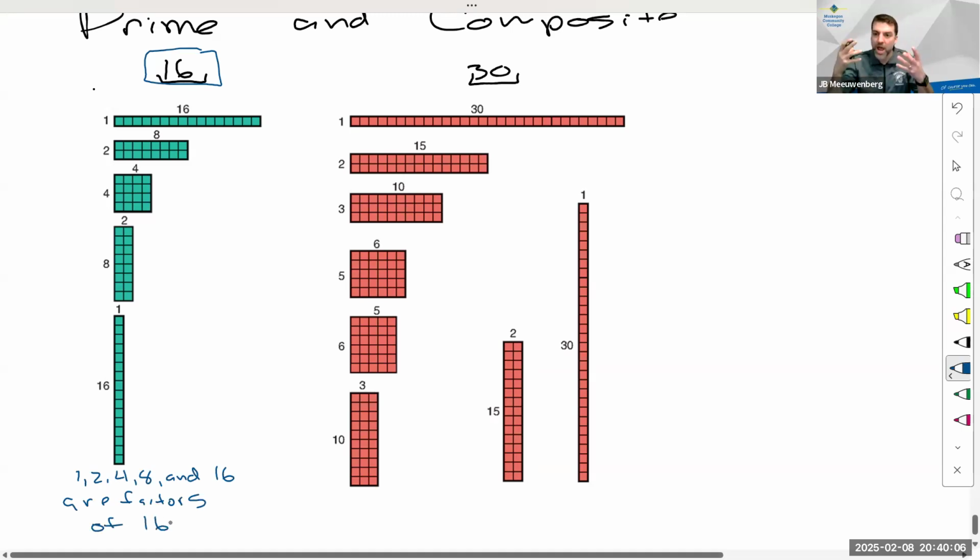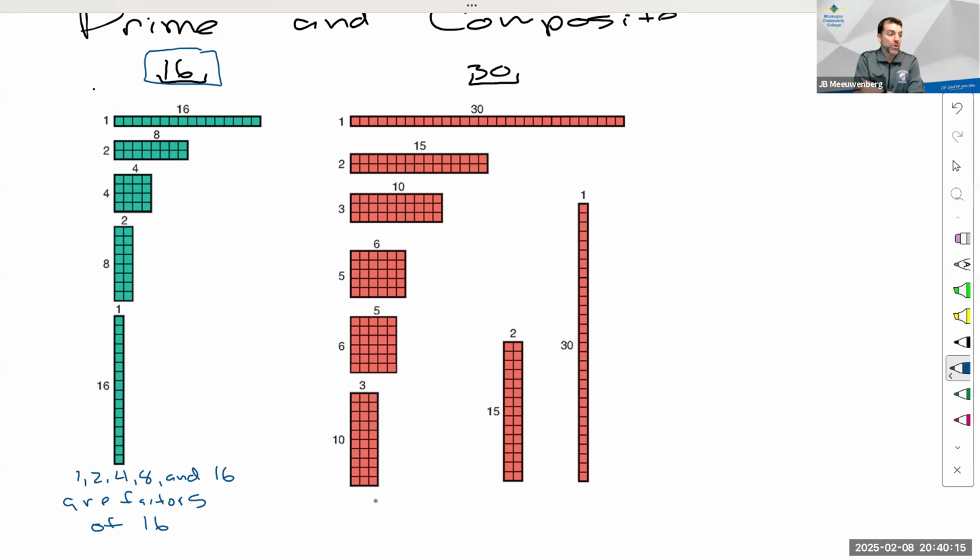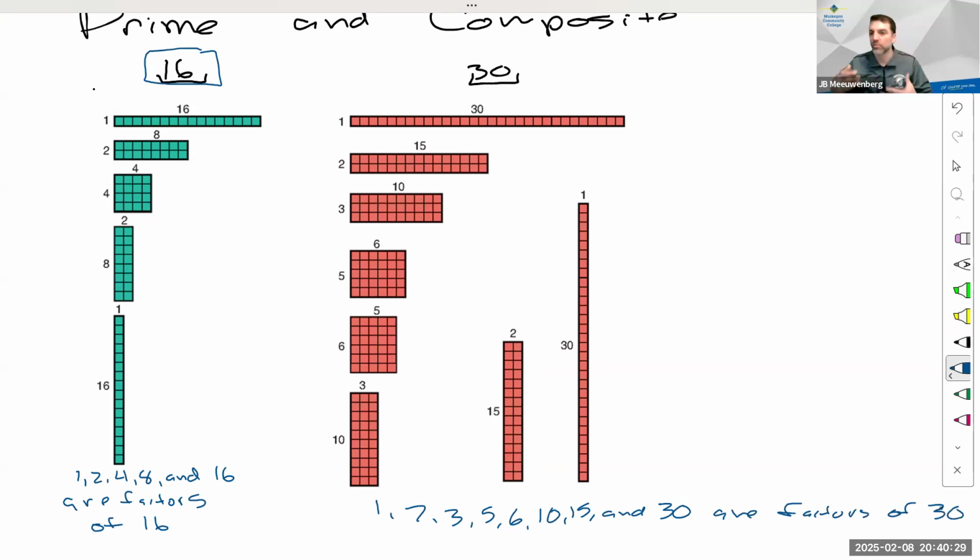Because you can make an array with those numbers on the sides of the rectangle, right? So 1, 2, 4, 8, and 16 are factors of 16. And similarly, 1, 2, 3, 5, 6, 10, 15, and 30 are factors of 30. That's one thing you could notice, one observation you could make.